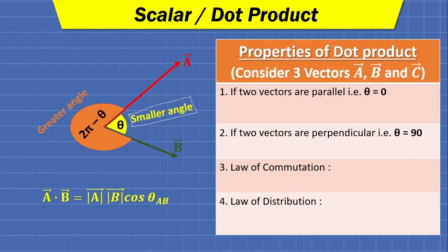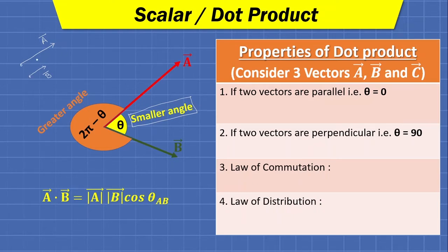Now let us discuss some properties of the dot product. To understand all the properties, I have listed 8 different properties of the dot product, and for that I have taken 3 vectors A, B and C. Fine. So let us see each property point by point. The very first property is if two vectors are parallel. For example, let us say I have a vector A bar in some particular direction and another vector B bar with different magnitude, but the direction is the same as the direction of A bar.